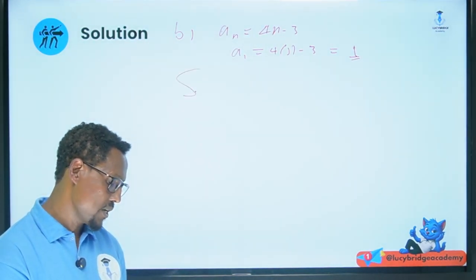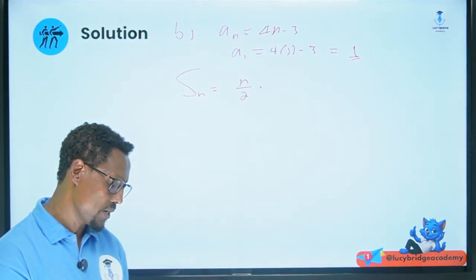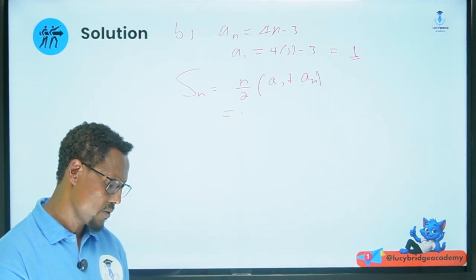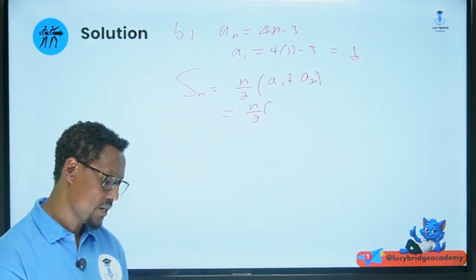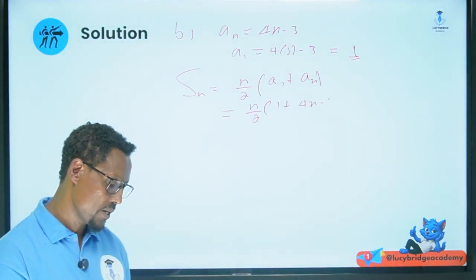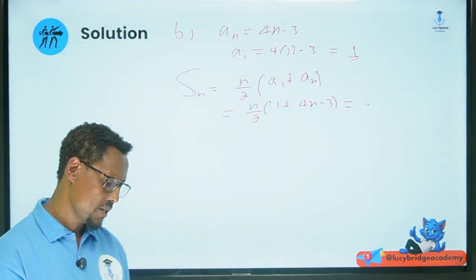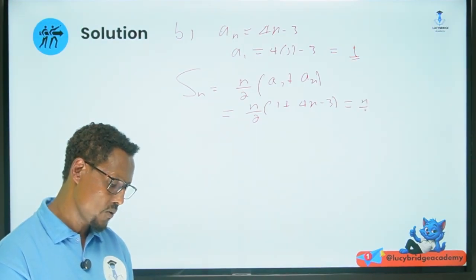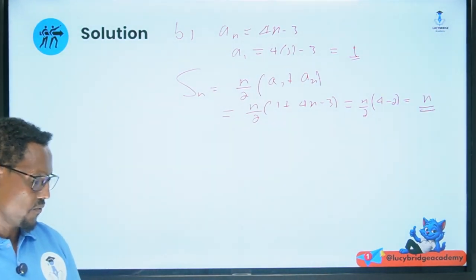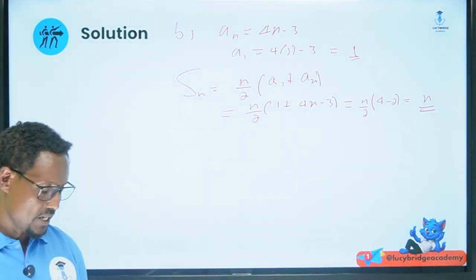So Sn is equal to n over 2 times A1 plus An, which is equal to n over 2 times A1 is 1 plus An, 4n minus 3, yes, which is equal to, how much is it? n over 2 times 4n minus 2, which is equal to 2 by 2 cancel, which is n. The sum of the first n terms of the given sequence is n.